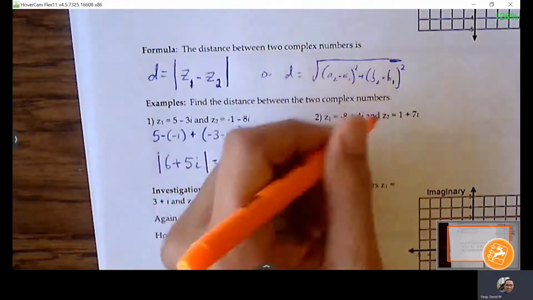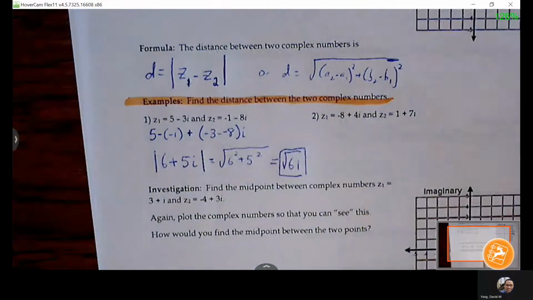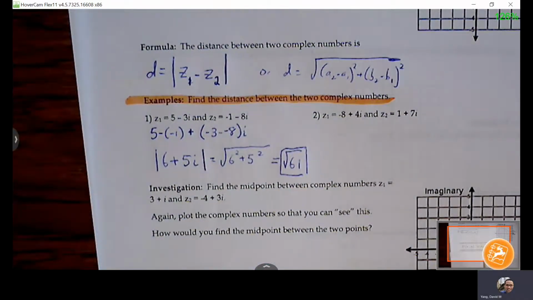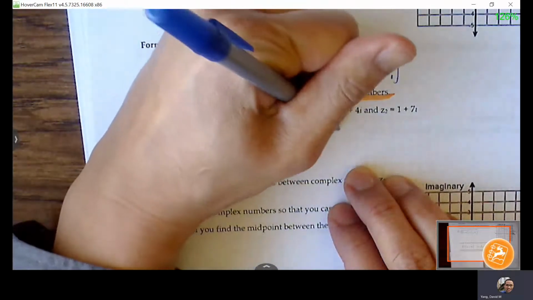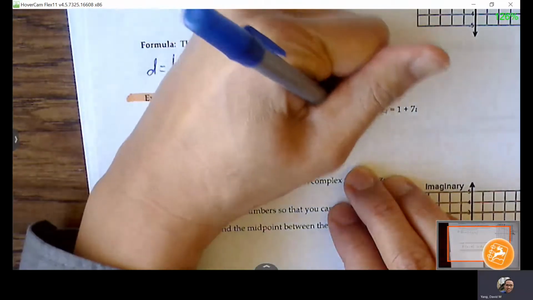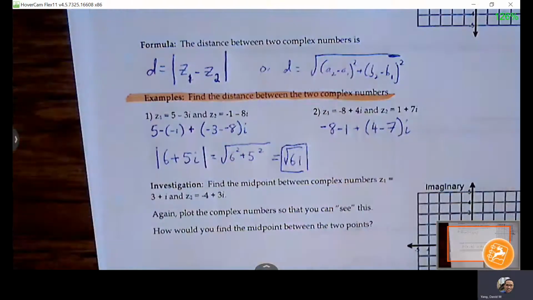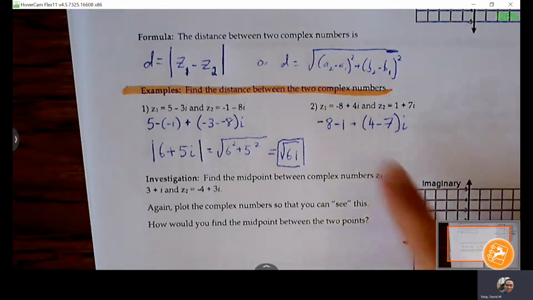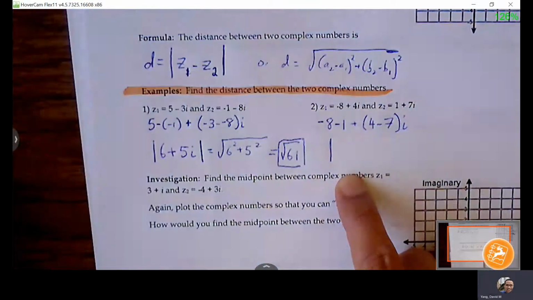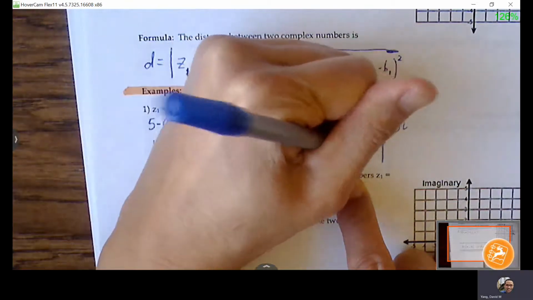Okay, so you'll see one of these problems on the check-in quiz tomorrow. Okay, subtract the real component, subtract the imaginary component. Okay, so what do we get? Yeah.